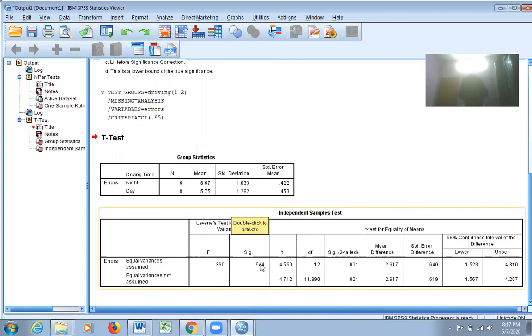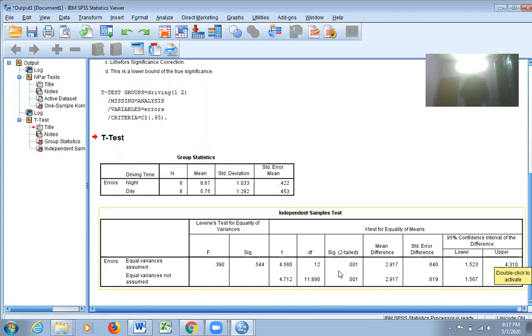But in our case, the SIG value is more than 0.05. It means that equal variance is assumed. And so you have to see the first row, the answer in the first row. What does it say? The t value is 4.560, degrees of freedom 12. SIG is 0.001.